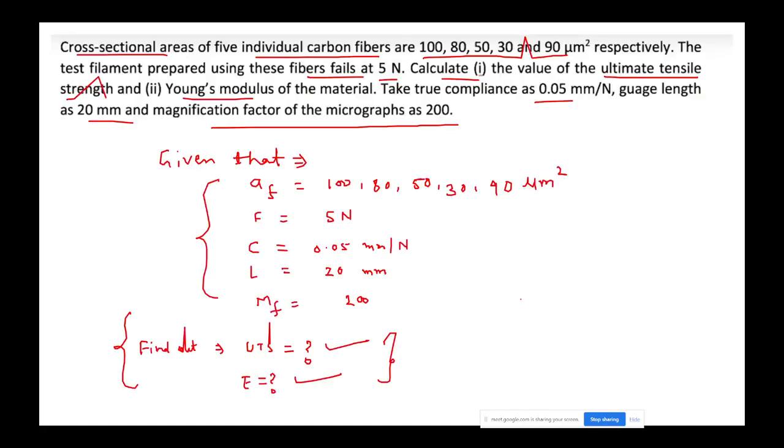This is very simple. As you can see here, given are the cross-sectional areas of the carbon fibers, represented by AF, and the force where it fails, which is 5 Newton, the compliance is 0.05, the gauge length is 20 mm, and the magnification factor for the micrograph is 200.